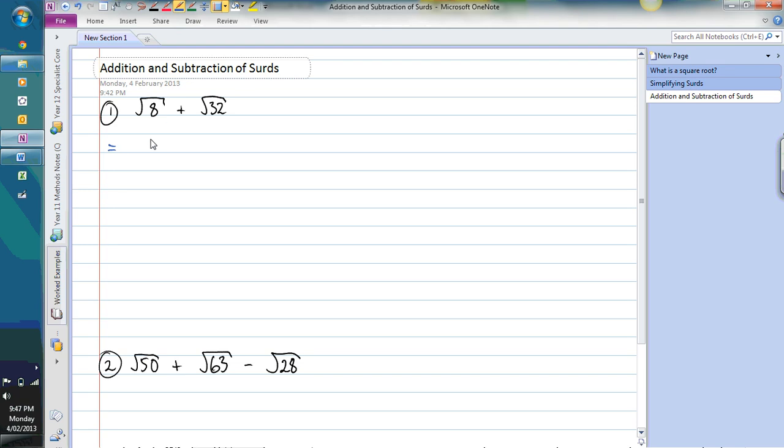So let's look at the 8 first. And let's think about what I can write 8 as in terms of a multiplication. There's not many options. I could do 1 and 8. That's not going to help us very much. So instead, let's try 2 and 4.